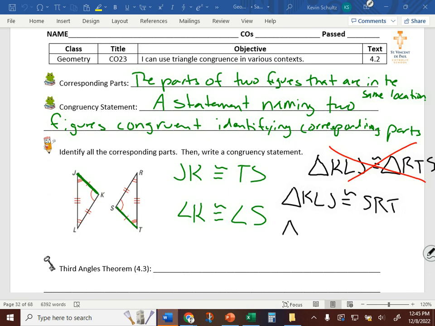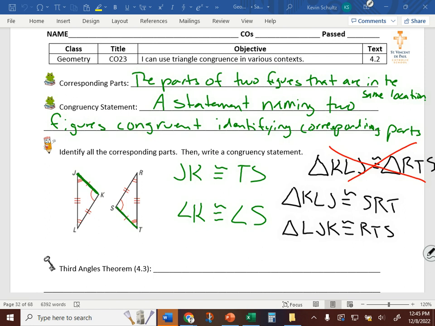If you wanted to start with triangle LJK and name it congruent to triangle RTS, that's okay too, because in the statement you've matched up L with R, J with T, K with S. It doesn't matter which one comes first, as long as your second one is in the same order.